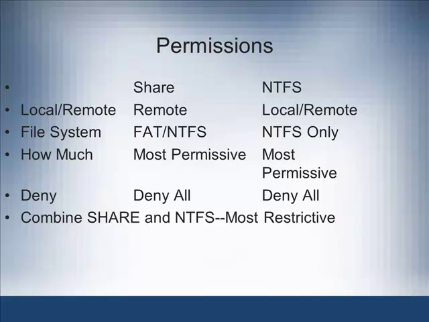But when I go across the network with the share, the full control share, and the read NTFS, and I get the most restrictive permission, what permission does Jermaine have? Full control and read, what's the lowest?